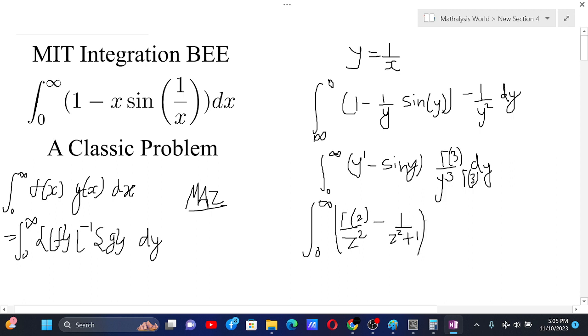And this will be y square, and then 1 by gamma of, the Laplace inverse will take it to the world of g. So z square times 1 by gamma of 3 in the new world dz.